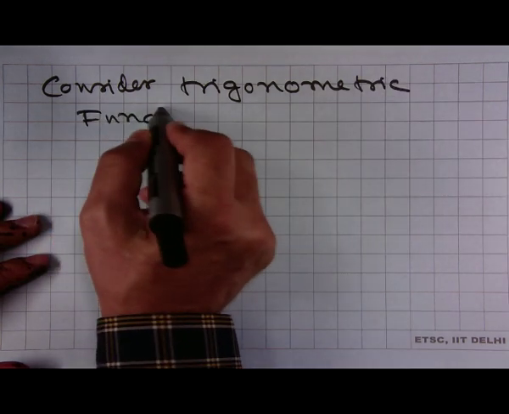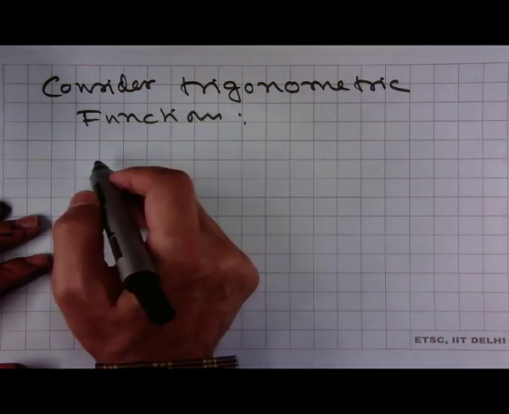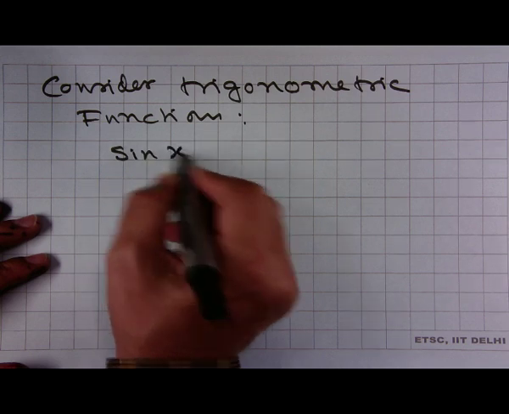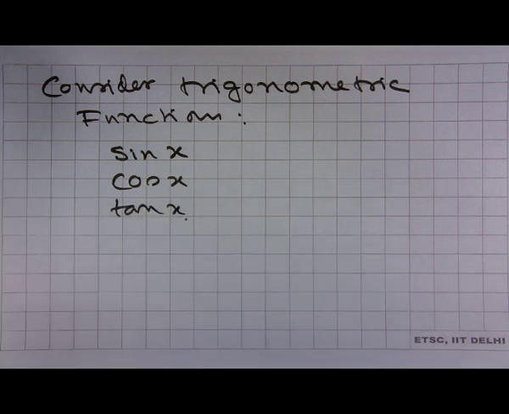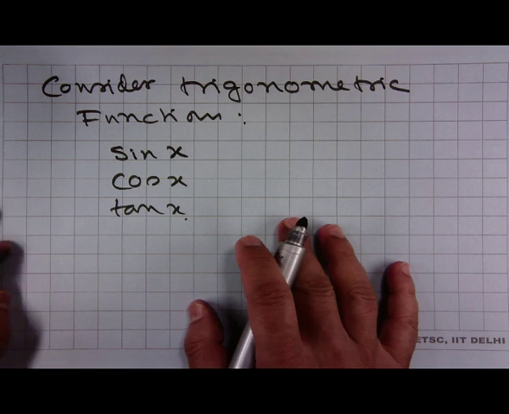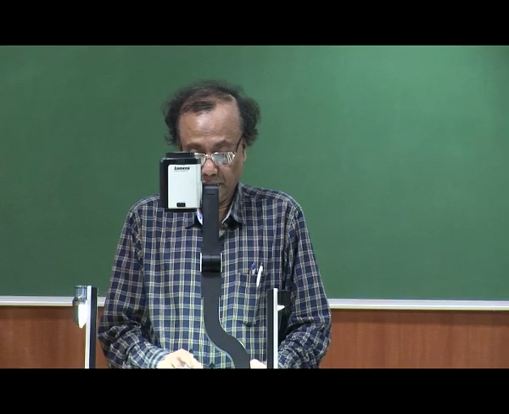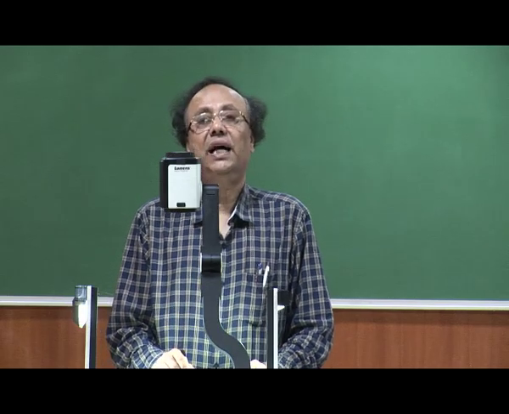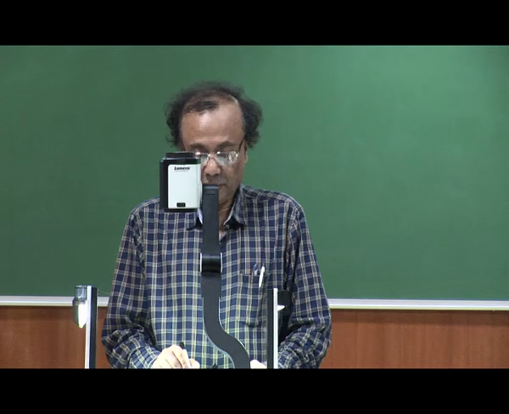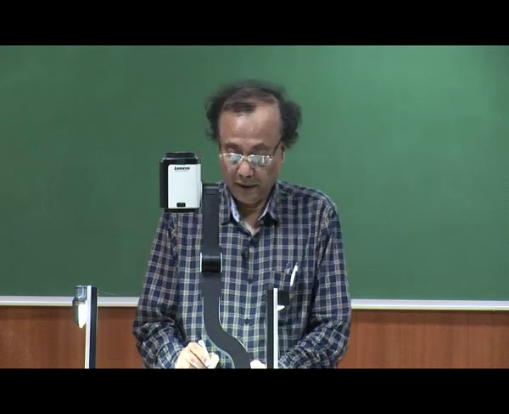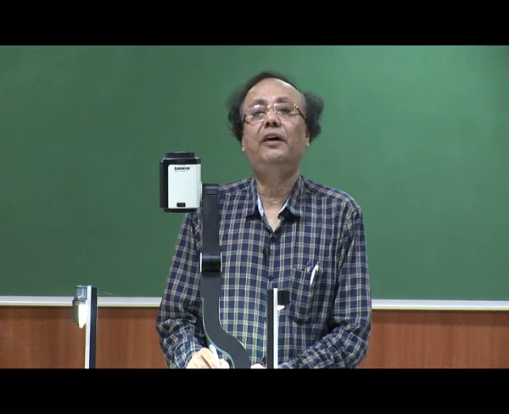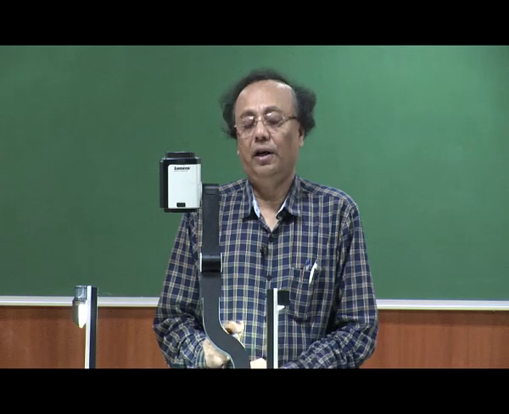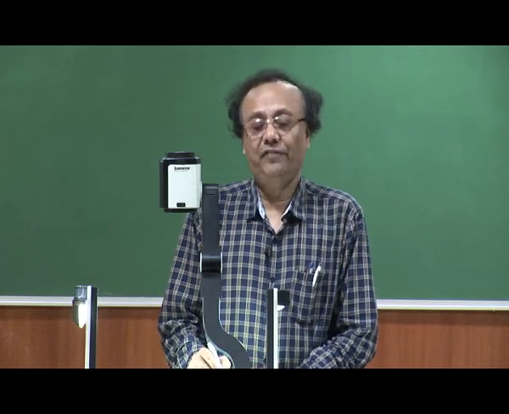In particular, let us look at sin x, cos x, tan x, right. Let us see whether we can expand this using Taylor series expansion and find a way to compute sin of x or cos of x or tan of x, etc. Because if you remember, in classes we see the values of sin x, cos x, etc. are only for a fixed set of values, right.